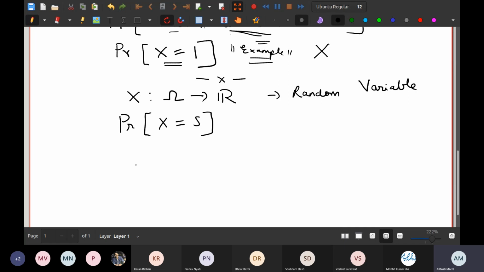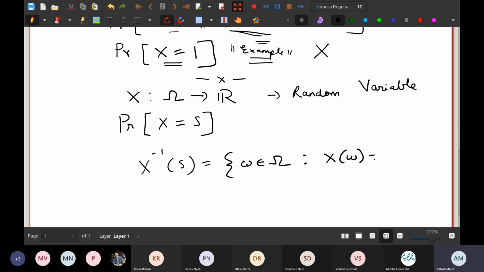You all know what X inverse of S is. These are inverses of the function. So X inverse of S is basically all elements omega of this sample space such that X(omega) is in S. So this is the inverse function, which people also study in JEE.